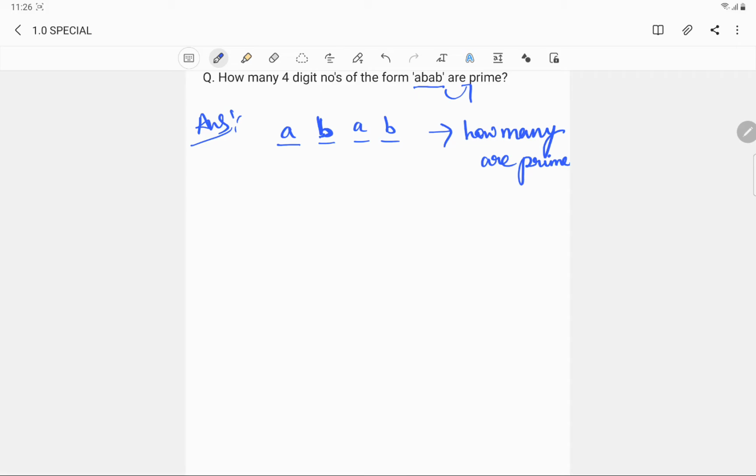So I can write this number as AB multiplied by 100 plus AB.